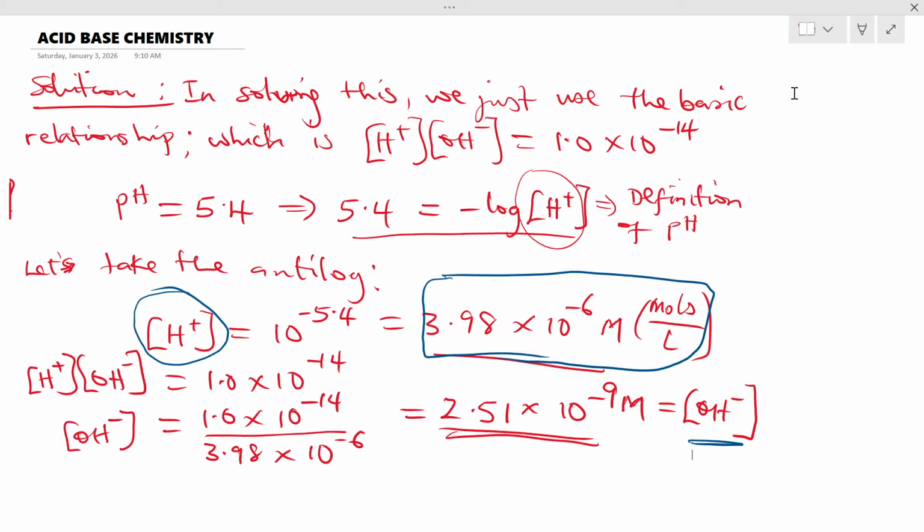When you do that calculation, you have 2.51 times 10 raised to power minus 9. So somebody says, how did we go from minus 14 to minus 6?